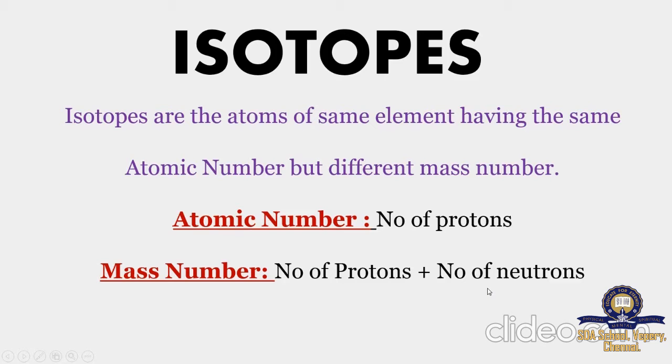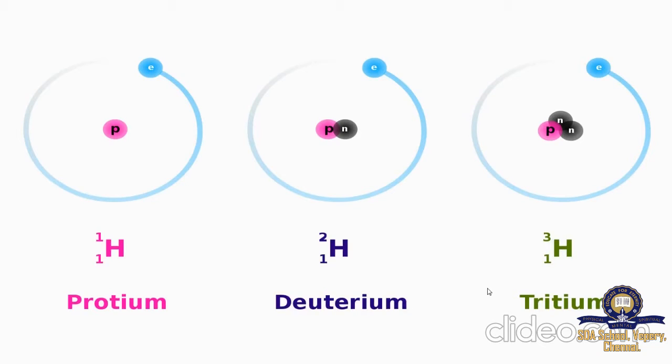So let us take an example of isotopes of hydrogen. So these are the isotopes of hydrogen. Here hydrogen has one proton, deuterium has one proton and one neutron, tritium has one proton and two neutrons.